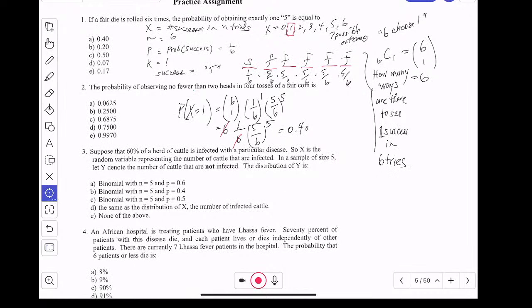So let's start here because I filled that space. We already know the answer to that because that's about observing two heads, no fewer than two heads, when we toss a coin. You can try that one on your own. So what about 3?